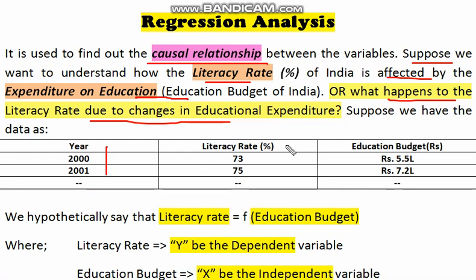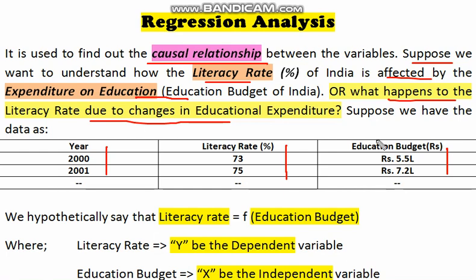We also have the literacy rate of India, suppose it is 73 for 2000, 75 for 2001, and so on. And also we have the education budget of India, suppose it is 5.5 lakh rupees and then 7.2 lakh rupees. India wants to increase the literacy rate, and so it has been going on increasing the education budget.